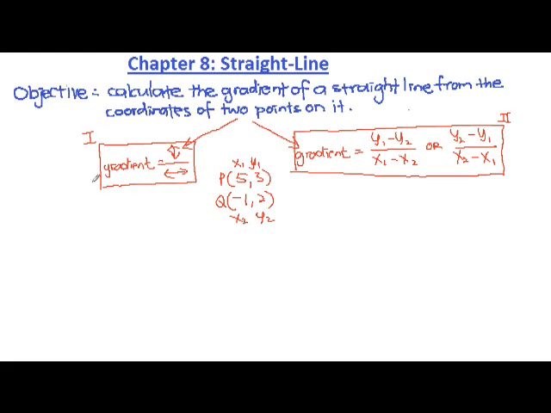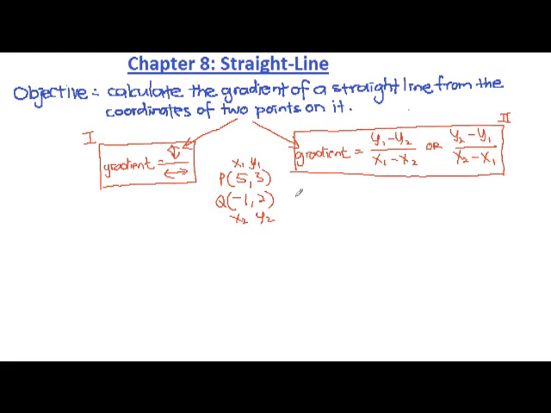We use the first equation especially when the straight line is shown in a pair of axes. Otherwise, we may need to sketch the position of the 2 points. But we can use the second equation as long as we know the coordinates of 2 points on the straight line.